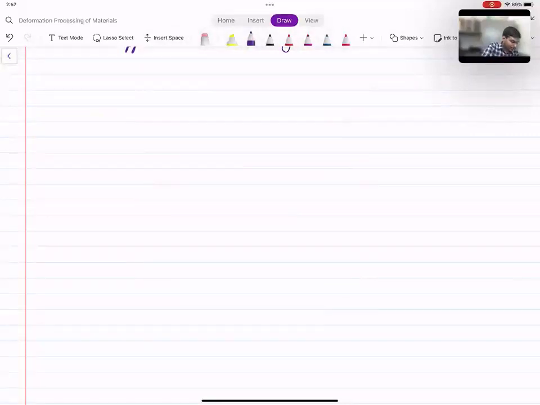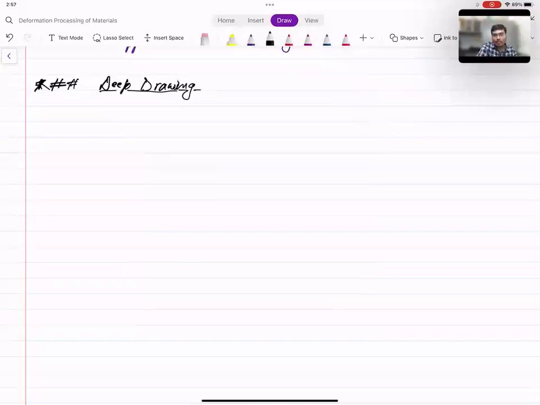Now let us begin. The deep drawing process. This is also known as cup drawing or simply drawing. Before we see what is meant by deep drawing, let us see some major distinctions between the bulk forming processes that we have seen earlier and this deep drawing.